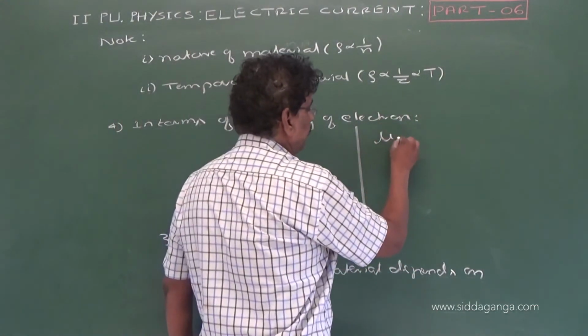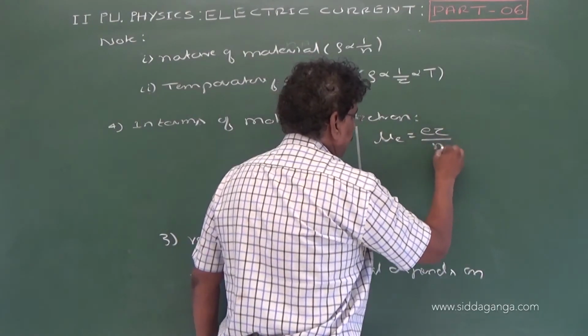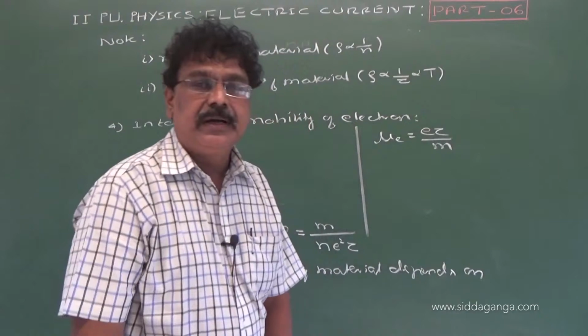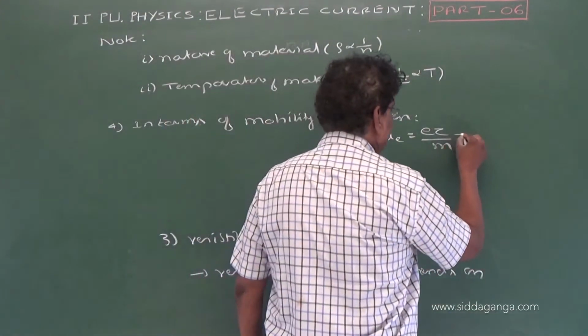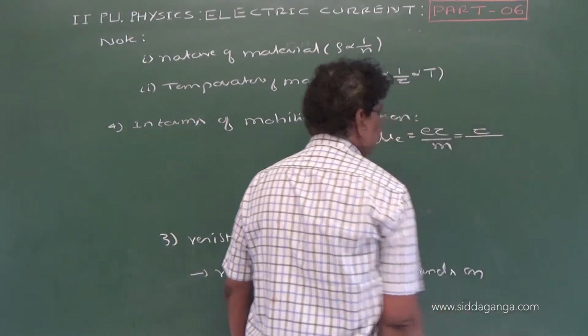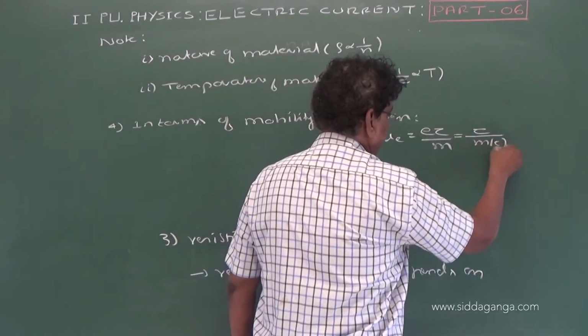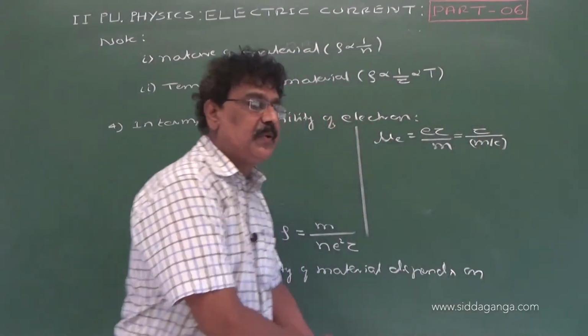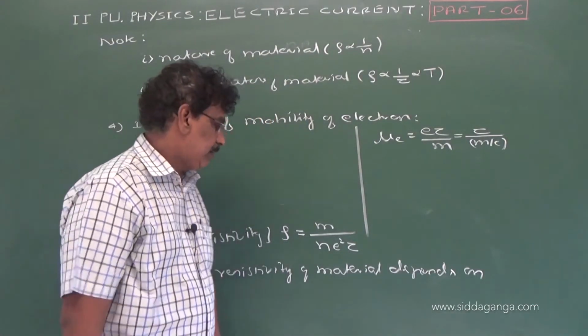We have μe = eτ by m, which is the expression for mobility. So this can be written as μe = τ divided by m by e.